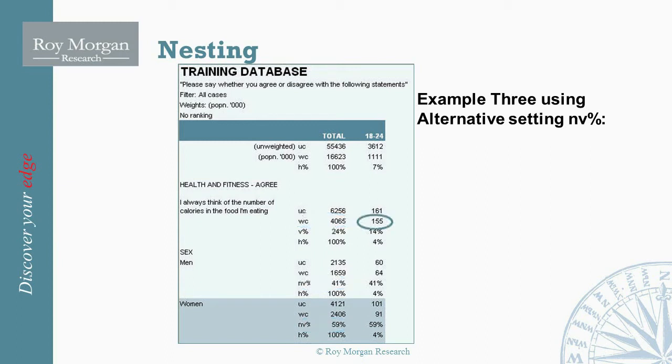Here we have 155,000 18 to 24-year-olds who agree with the statement, and of those we can say 41% of 18 to 24-year-olds who agree with the statement are men, 59% of 18 to 24-year-olds who agree with the statement are women.